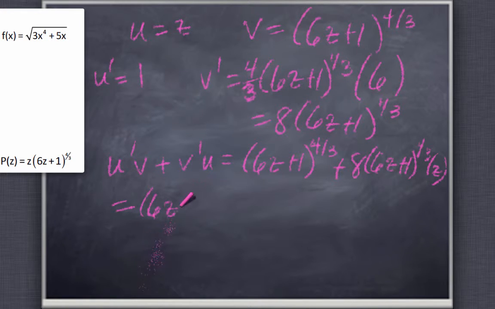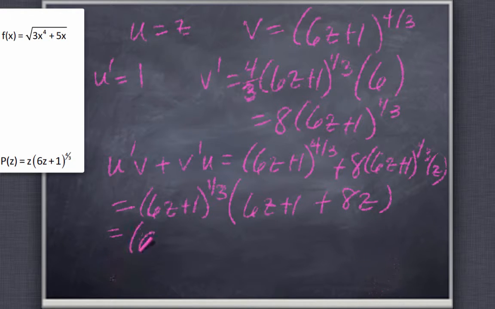The lowest power is 6z plus 1 to the 1/3. I have 4/3 here. If I take 1/3 out, then I've still got 3/3. So that's just 6z plus 1 to the 1. So it's just this, and then plus 8z, and that part I've taken completely out. And now that one's done.